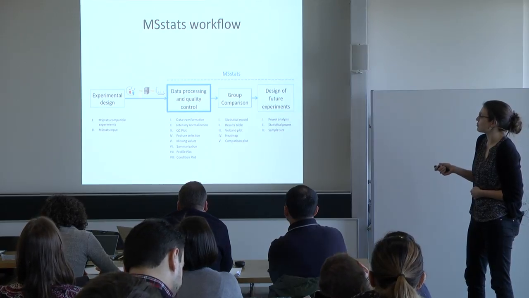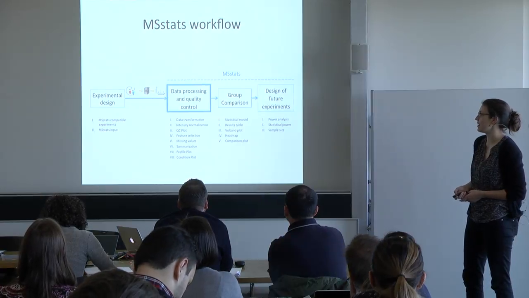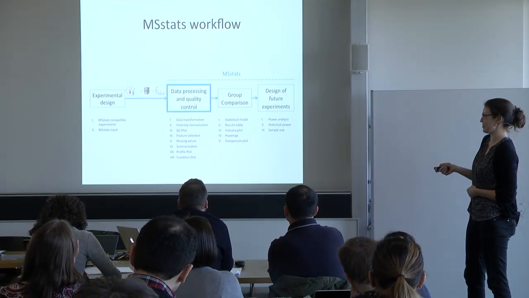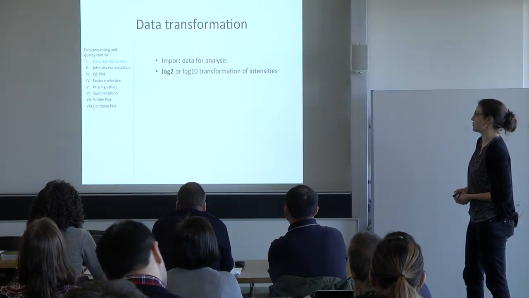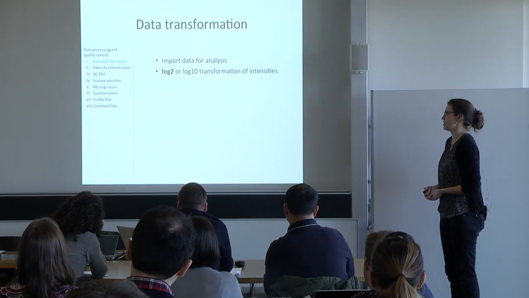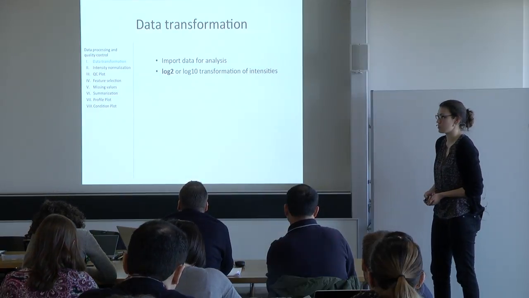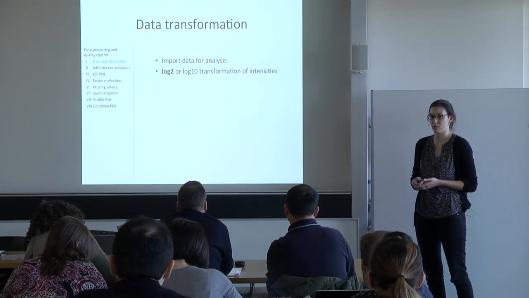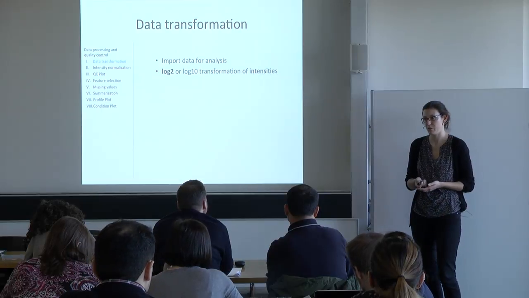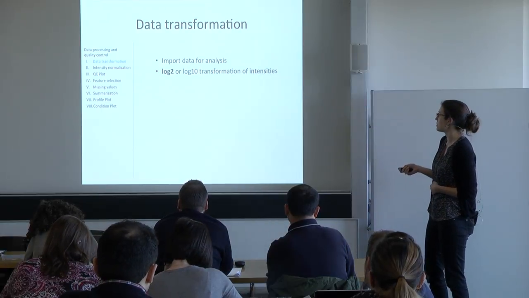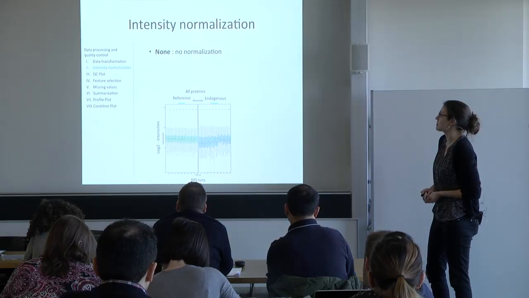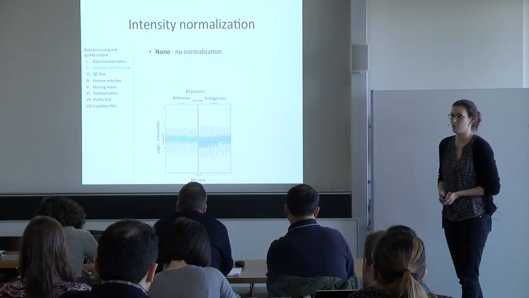After you got this table from your initial data processing, you can import the data into MSstats. The first step after the import of the data is a log transformation, in order to make fold changes more feasible to calculate and to deal with the data. In a second step, the intensities are normalized.